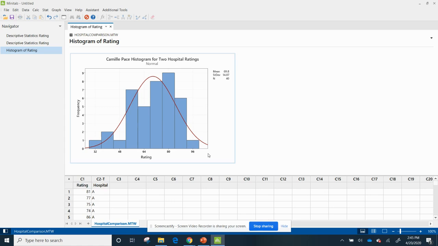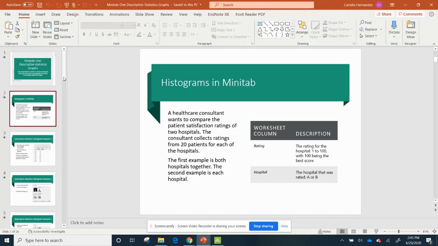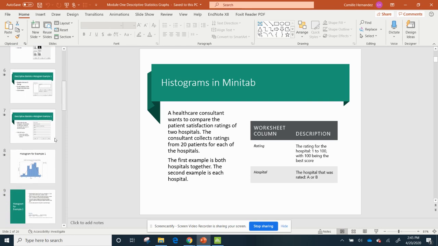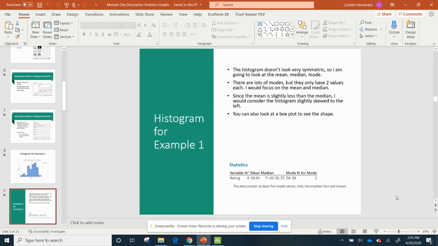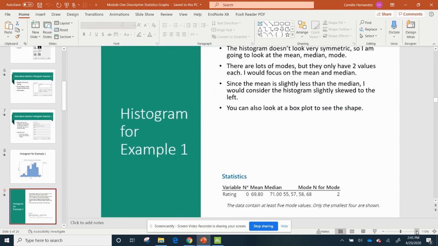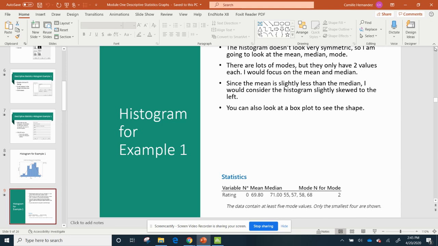All right, so here's my histogram. So remember, my histogram is a quantitative graph, and it shows me the shape of my data. And I have the curve right here, and it doesn't look very symmetric, does it? But another way for me to look at it, and I'm going to go to the PowerPoint, is I'm going to look here. I've gone ahead and I have shown you what the values were, okay?